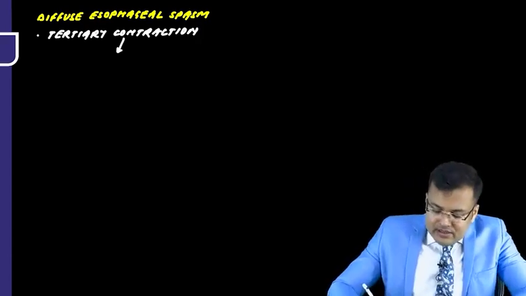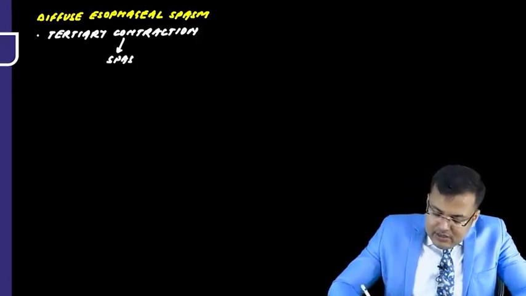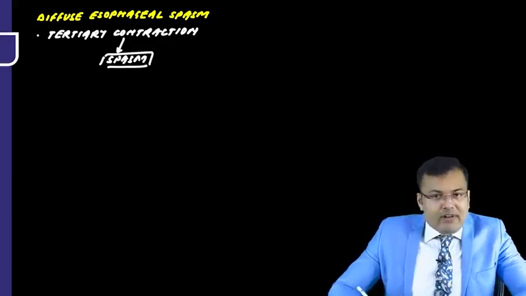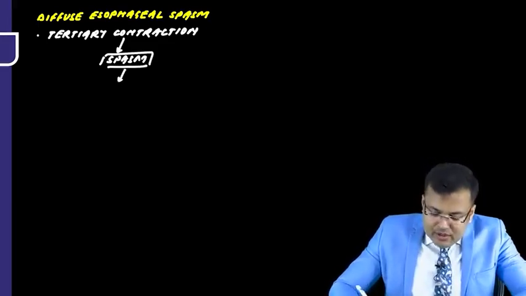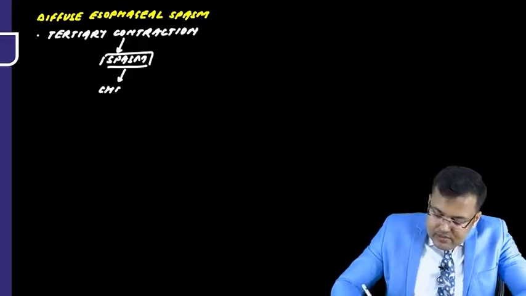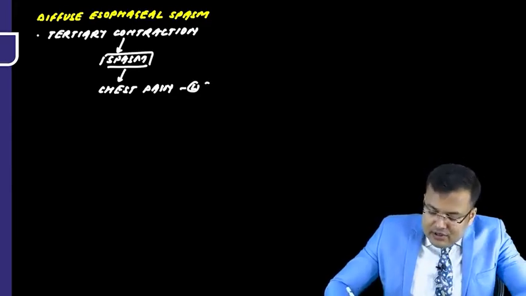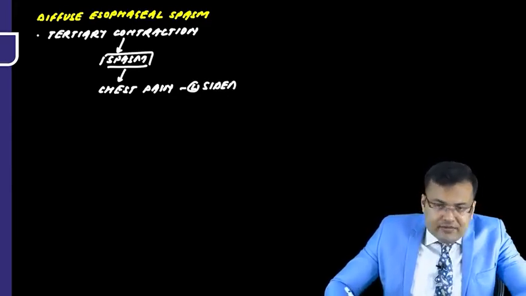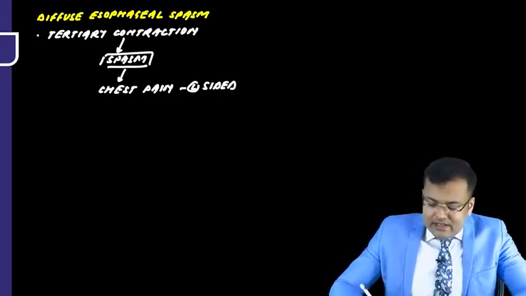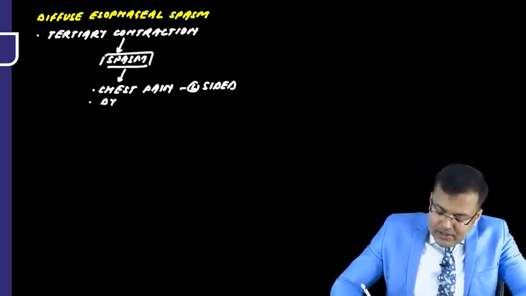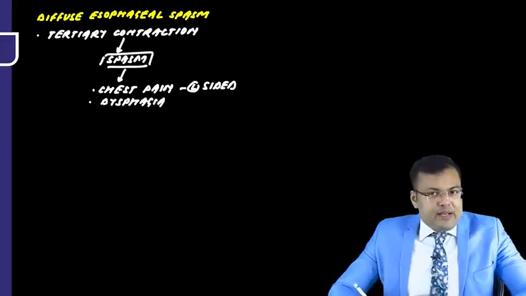It impairs the vascular supply temporarily, causing ischemia, and because of that ischemia, patients develop chest pain, obviously left sided, because the esophagus is located on the left side. And patients also develop dysphagia. So there is chest pain and dysphagia.